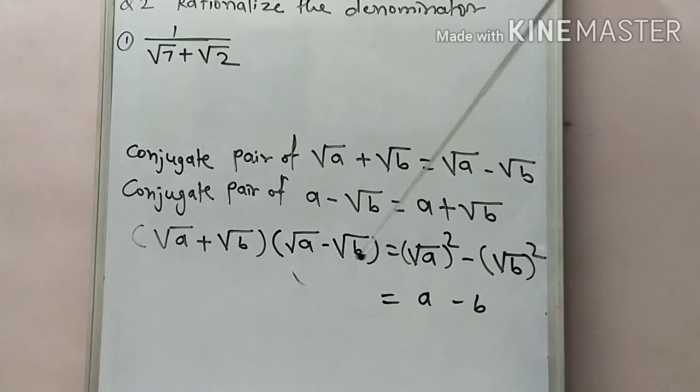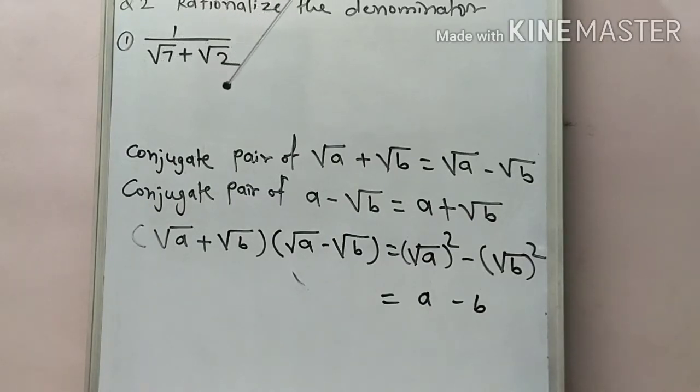Getting to this point, what we do is observe the denominator, and we multiply both numerator and denominator by the denominator's conjugate pair. So the first example is 1 upon root 7 plus root 2.